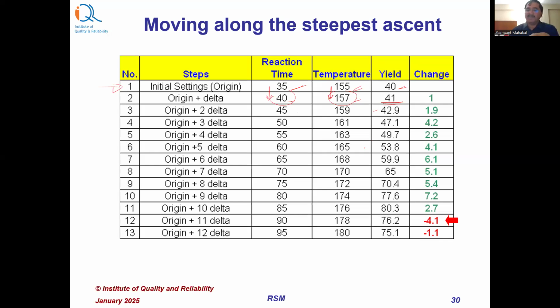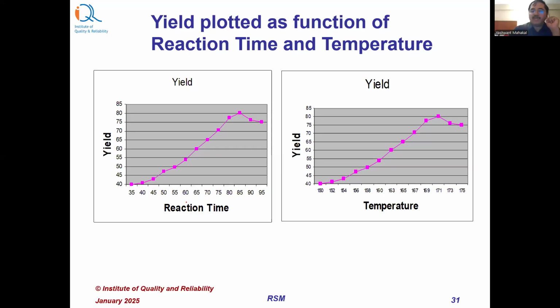Now as you go ahead here, what is happening, friends? On y-axis I have yield and then reaction time here. I'm giving an increment of 5 for reaction time, and as you can see, yield goes on increasing. For temperature also, an increment of 2 is given and the yield keeps increasing.